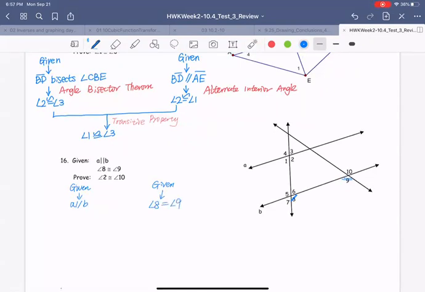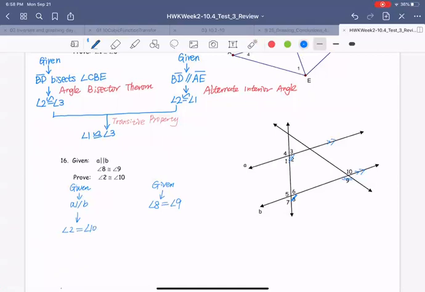The teacher has to give you points based on what you write down. A is parallel to B, so you mark this. That means angle 2 equals angle 8, because they are corresponding angles, right?